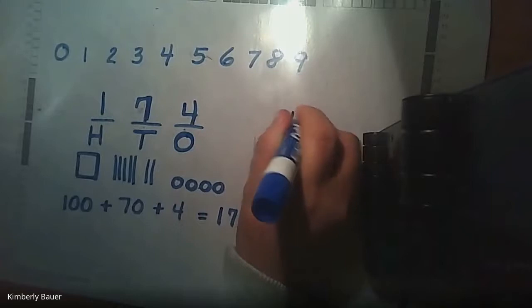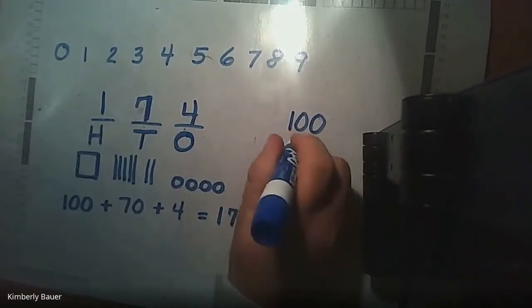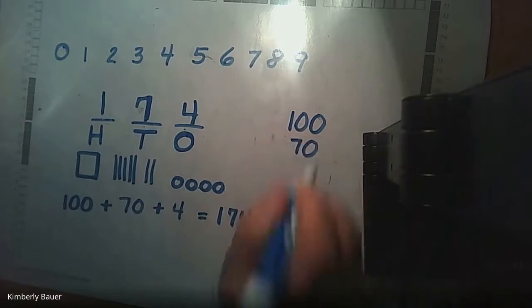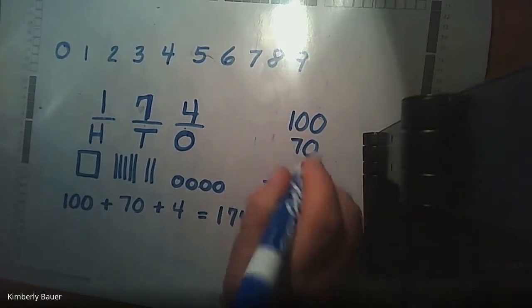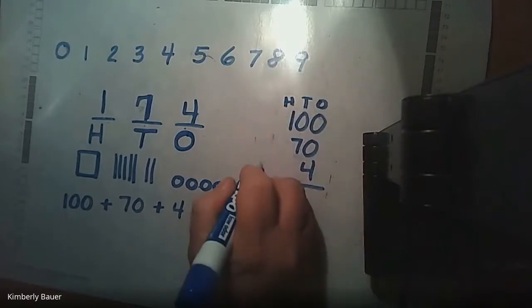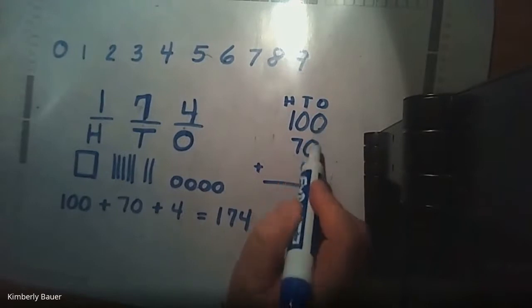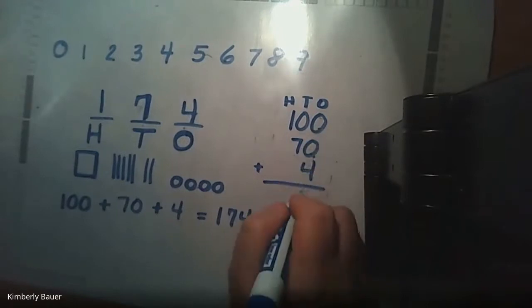So I could say 100. I always start with the biggest number on top, and I could put the 70 underneath that, and then the 4 underneath that, making sure that I'm still having hundreds, tens, and ones place. 0 plus 0 is 0. 0 plus 4 is 4.